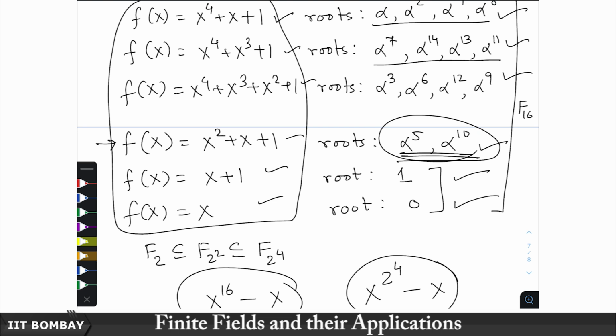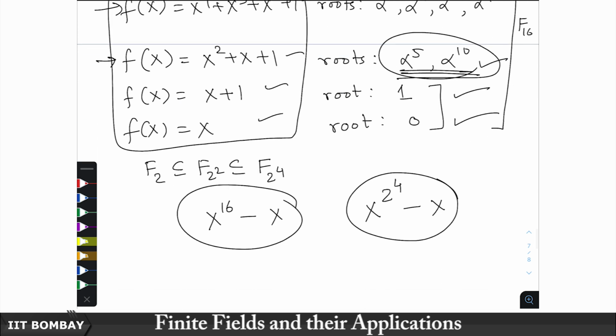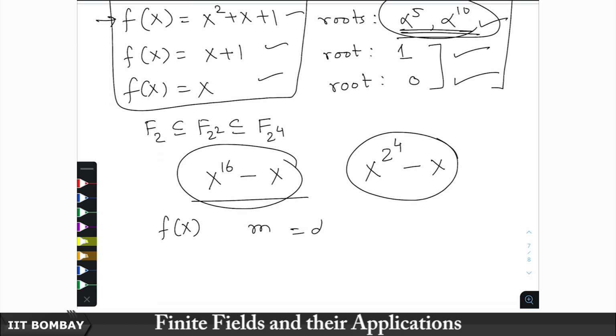Now we see that each of these polynomials thus divides x power 16 minus x. If you take any irreducible polynomial f(x) of degree m, then f(x) will divide x power q power m minus x, and for any multiple of m also f(x) will divide that.